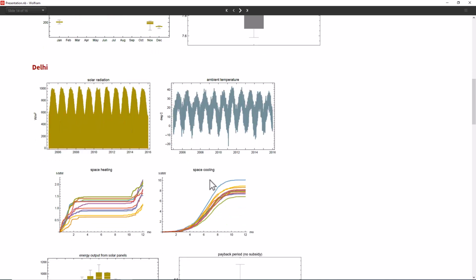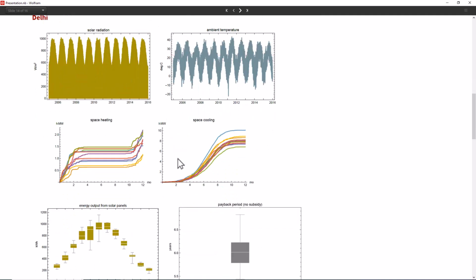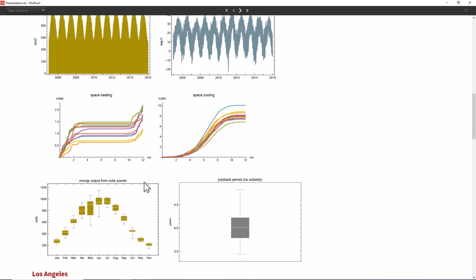Delhi, on the other hand, has a high cooling demand due to its warmer climate. It benefits from excellent solar radiation with a peak production of 1000 kilowatt hour in June. The payback period is approximately 6 years.